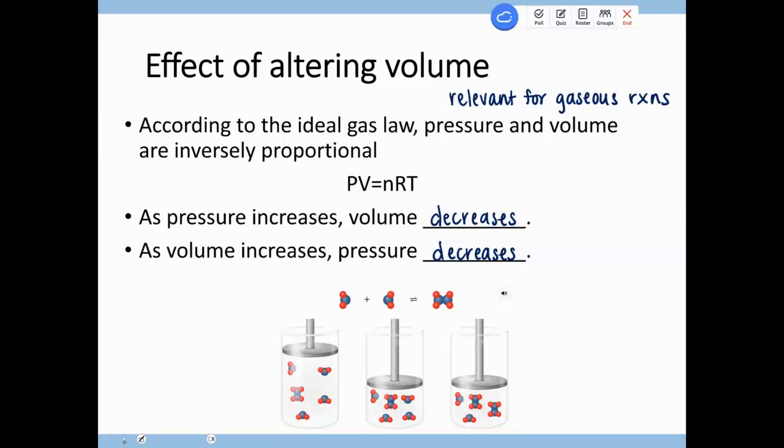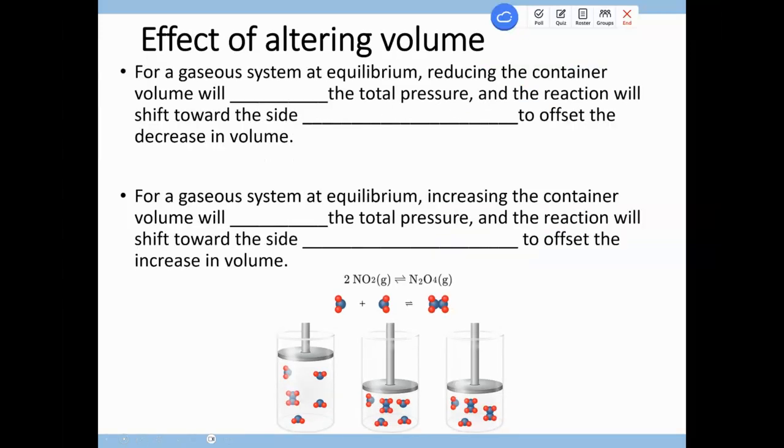So what this means, for a gaseous system that is at equilibrium, reducing container volume will increase the total pressure. If we've decreased volume from here to here, we've increased pressure of that gas within the system.